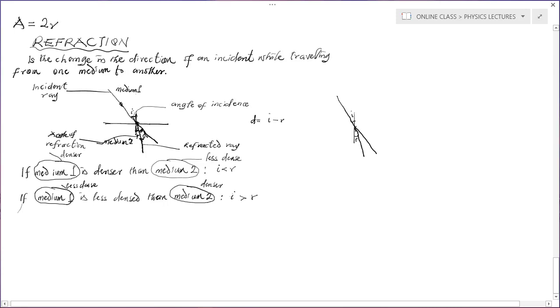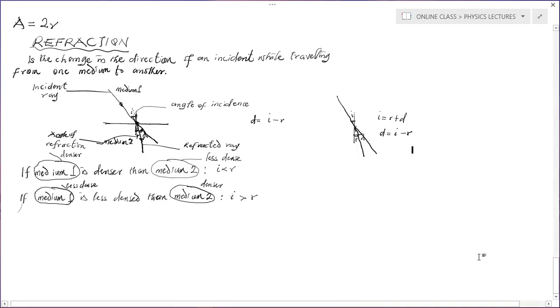Obviously, this angle here is vertically opposite to this place, which means that i is equal to r plus d. That is, from here, d equals i minus r in this case. So this is useful information that will assist us to get what we want in the other part. What is now called minimum deviation?